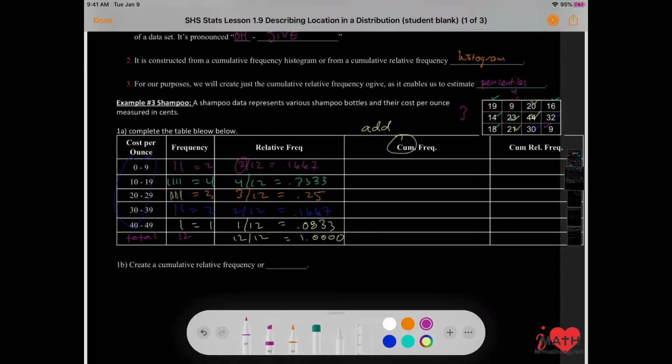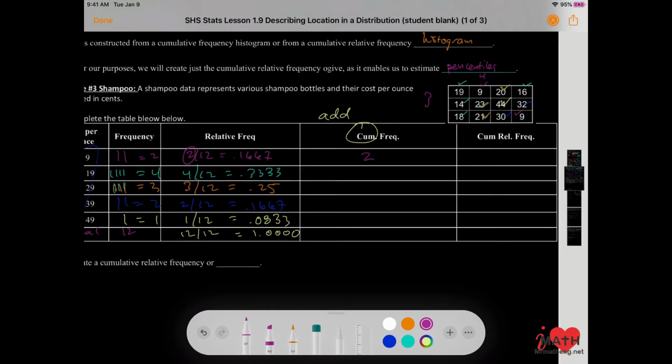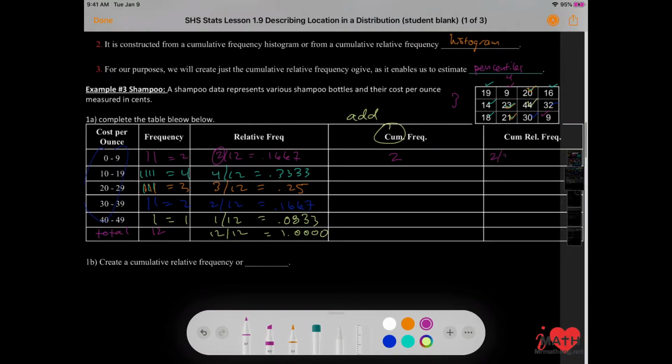So watch. I have this 2, and we already know that it's just 2/12, which is 0.1667. Okay? All right, pay attention. The next one, you're adding 2 plus 4. 2 plus 4 is 6. Okay, so now I get 6/12, which gives me 0.5 or 50%.